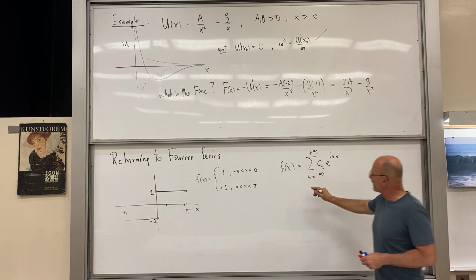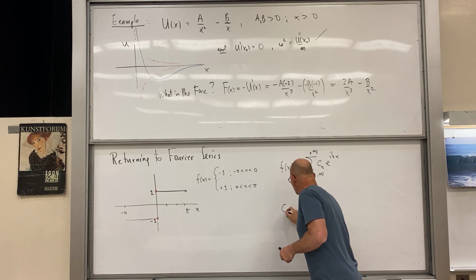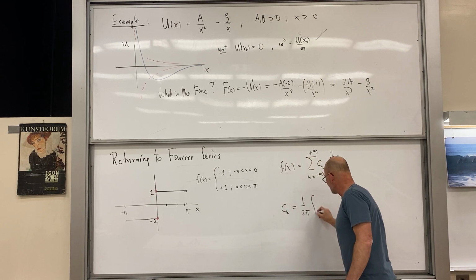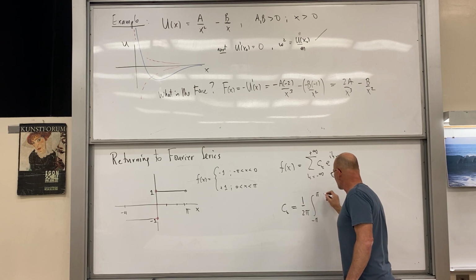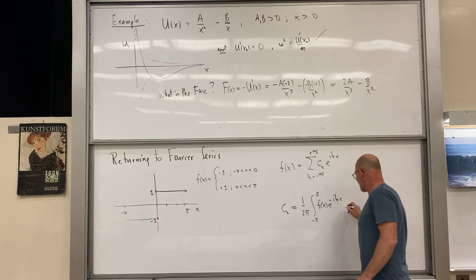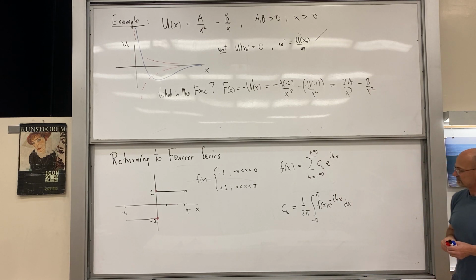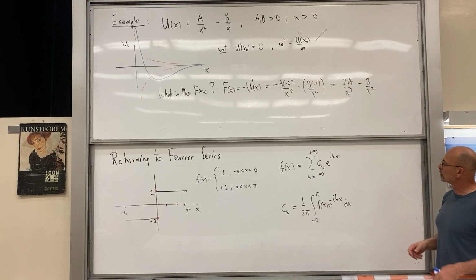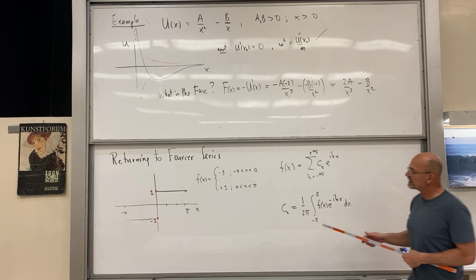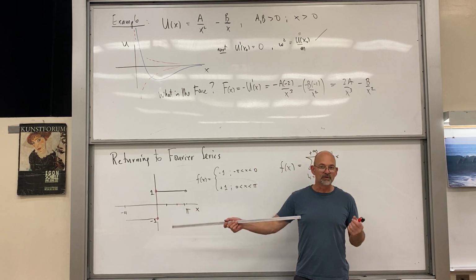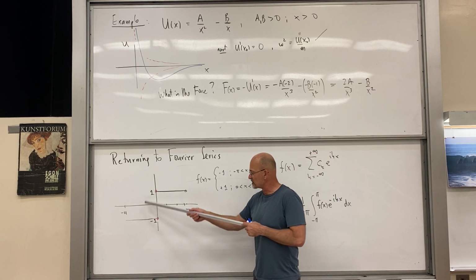And for these c sub k's, we had 1 over 2 pi, integral from minus pi to pi of f of x e to the minus I kx dx. We're just going to go through with this program and see what happens. This is definitely a function for which the Taylor series is not useful. It's kind of a step function.